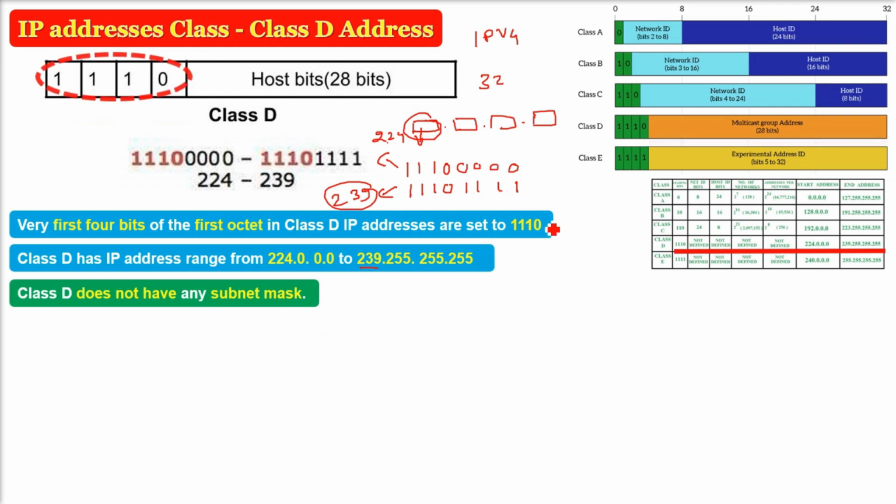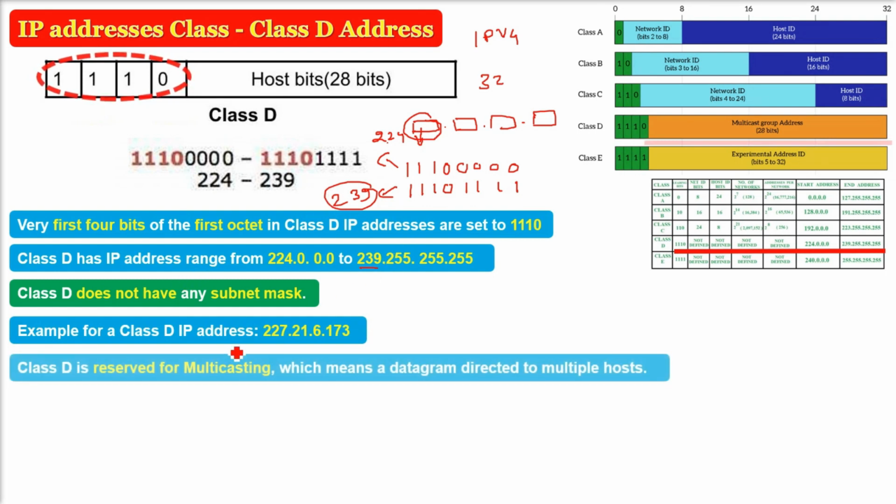Now you will ask about the subnet mask, because we have already seen that classes A, B, and C have subnet masks. But class D does not have any subnet mask. What is the special reason for that? Class A has 255.0.0.0, class B has 255.255.0.0, and so on.